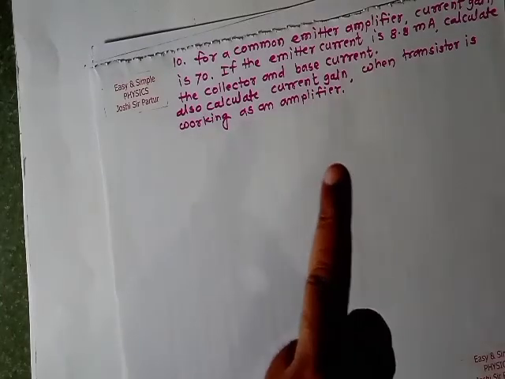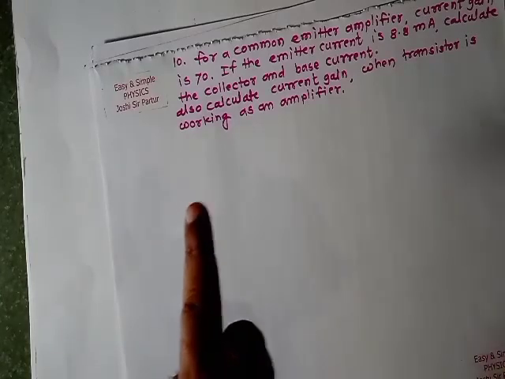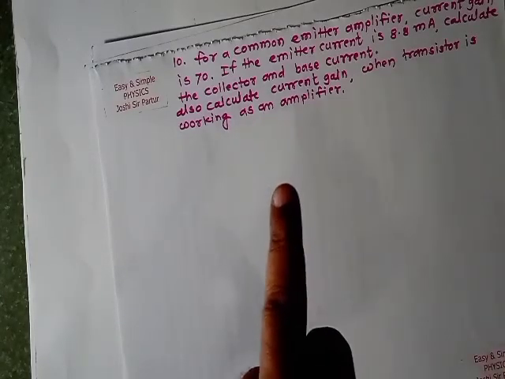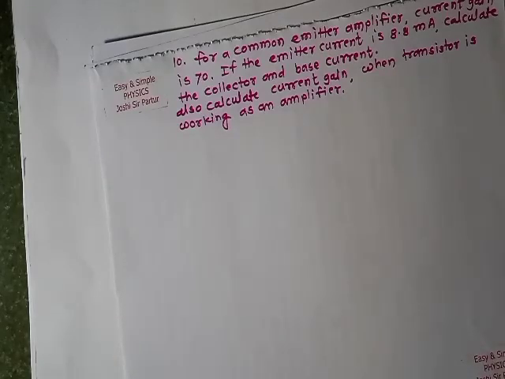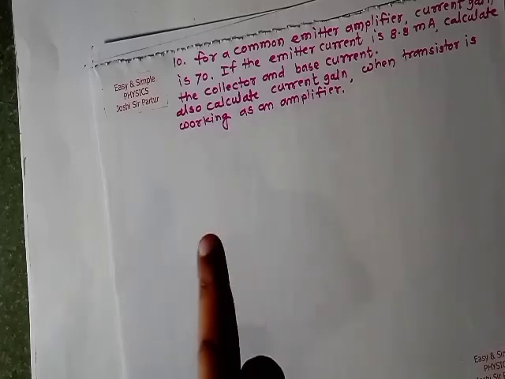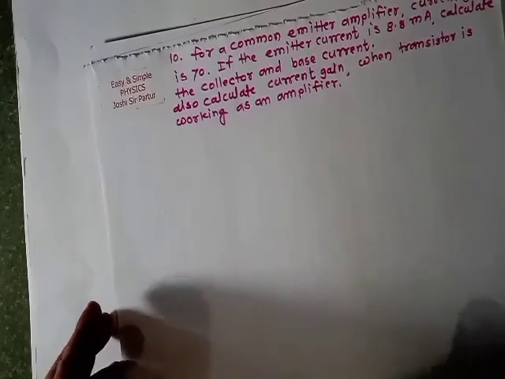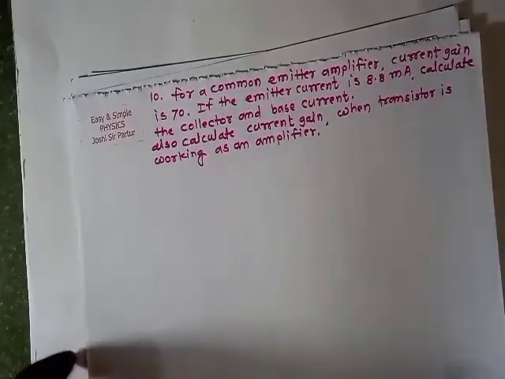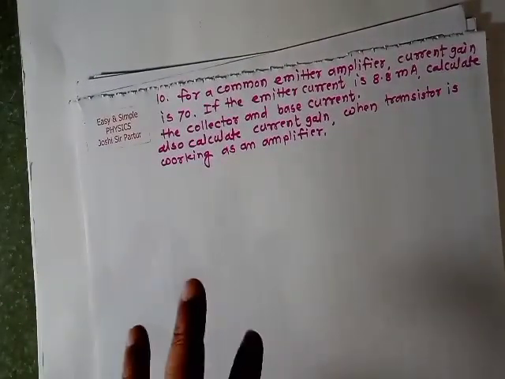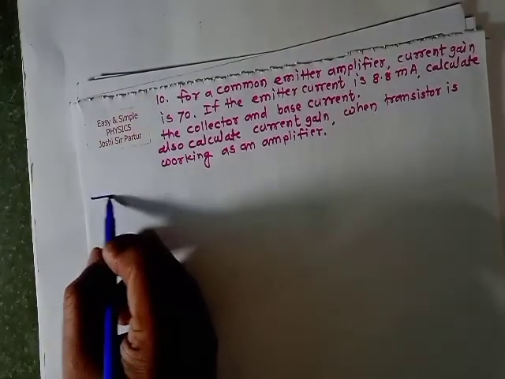If the emitter current is 8.8 milliampere, calculate the collector and base current. Also calculate current gain when the transistor is working as an amplifier.